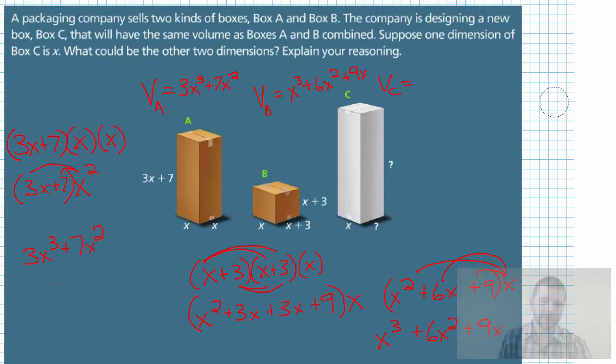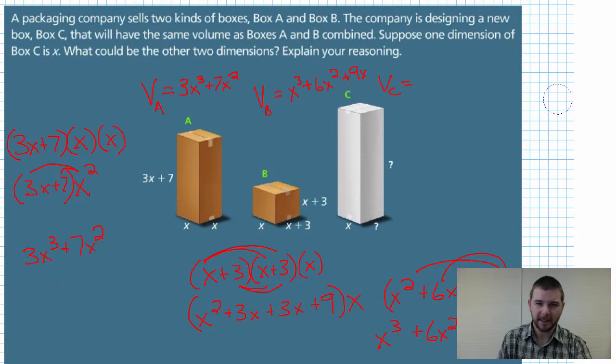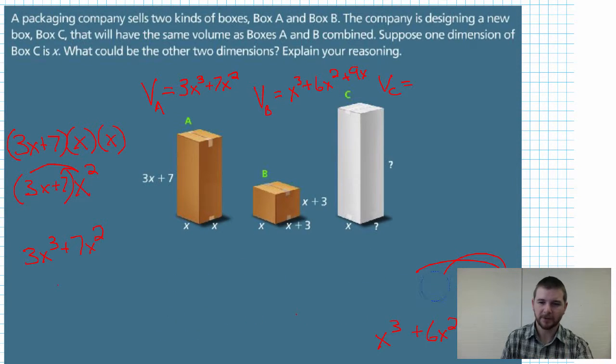And keep in mind the problem tells us the volume of box C is the sum of the volume of boxes A and B. So if I clean up here just a bit to create some room to add those two volumes, those two polynomials, we can find the volume of box C and then set to work determining possible dimensions for that box.